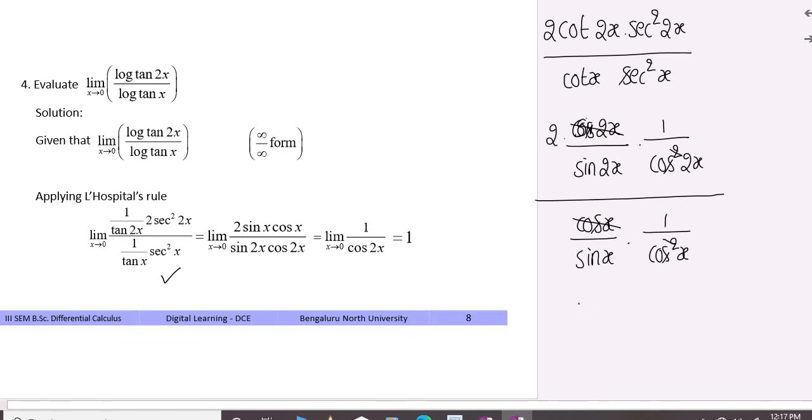Then we are going to get 2 by sin 2x into cos 2x.